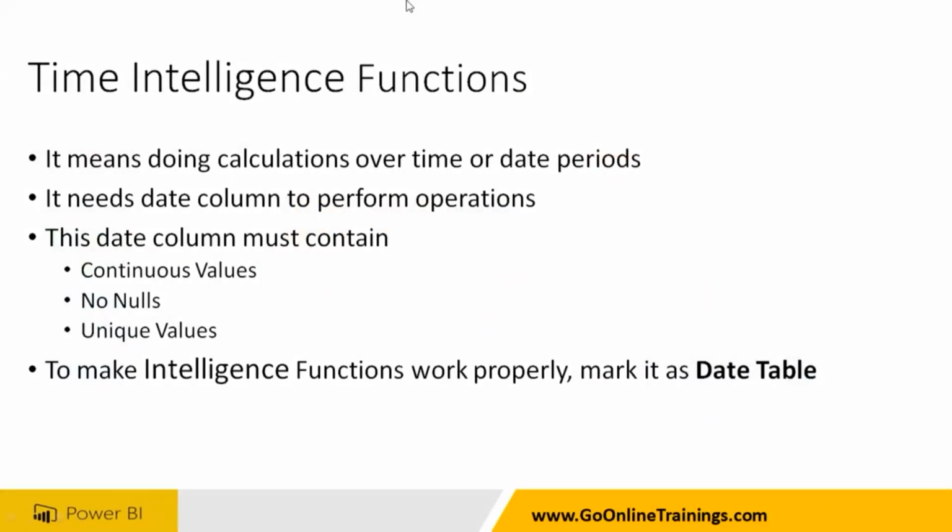It needs a date column to perform the operations, like fees paid date, sale date, order date, date of joining, or date of birth. To work with time intelligence functions, the date column must contain continuous values, no null values, and unique values only.